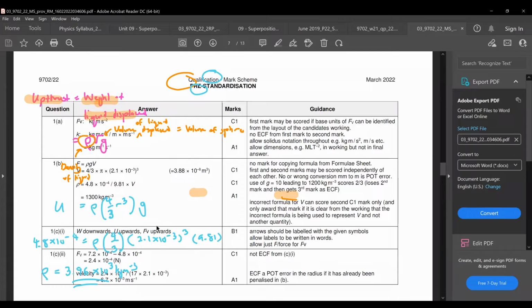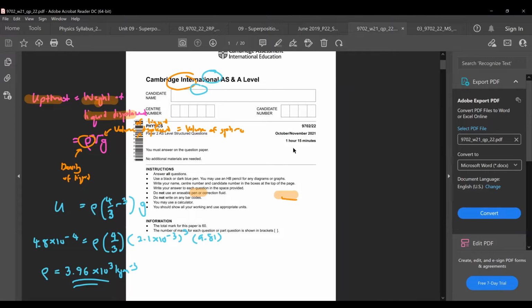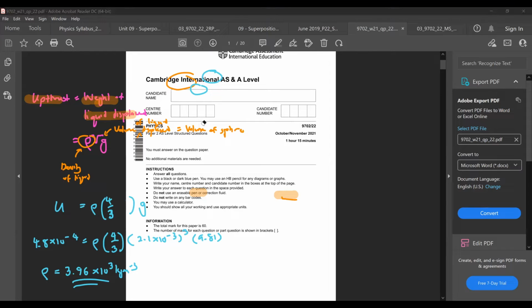Hey, I got 1.3 pi. Sorry? Yeah, you got 1.35, right? Wait, no. Isn't volume 4/3 pi r cube? Volume of a sphere has pi, sorry. I forgot the pi. 4/3 pi r cube, right? Sorry, I forgot the pi there.